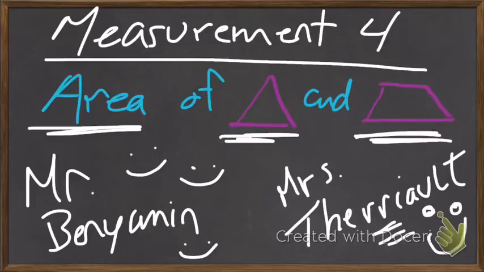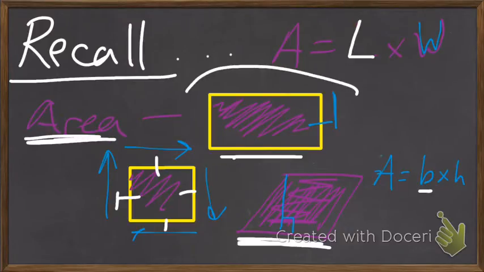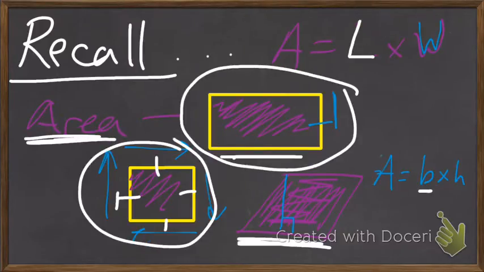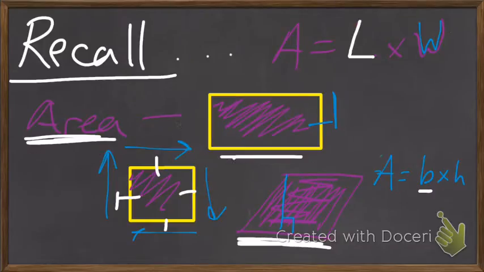So, we're going to continue on now. We're going to recall from last lesson. The last lesson we looked at area of specific shapes. So this right here is our rectangle, this is our square, and this is our, what's that shape? I think it's the parallelogram. That's the parallelogram. Thank you, Miss Terrio. So, the base formula for our area is equal to an object's length times its width. The length is always the longer edge, and these two are always equal.